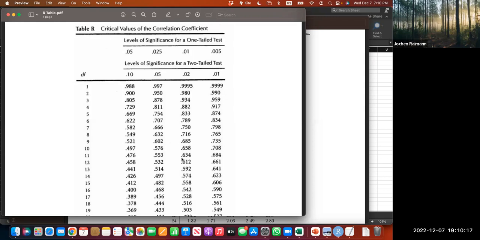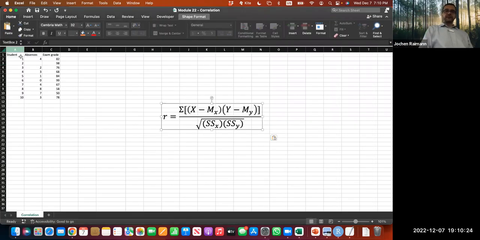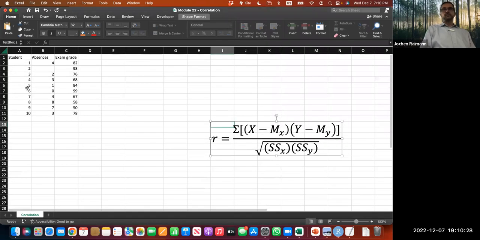If you are interested in degrees of freedom, we have 10 participants, 10 students that we're analyzing. Degrees of freedom in correlation are to be treated a little bit differently, because we essentially have two variables.